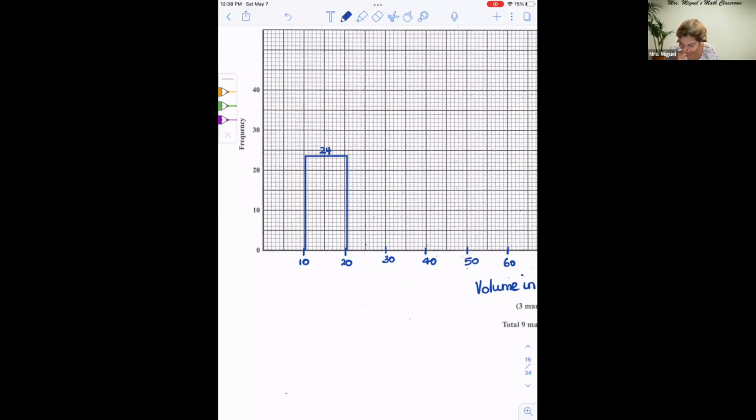Then the next one is 35. So we're going straight up to 35. Notice that my bars are joined together. The next one, 42. So we're going straight up here. 2 more than 40 is 42.